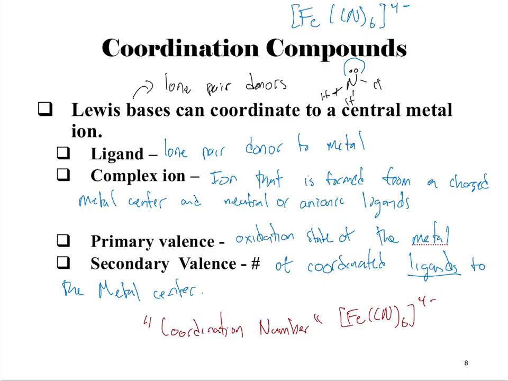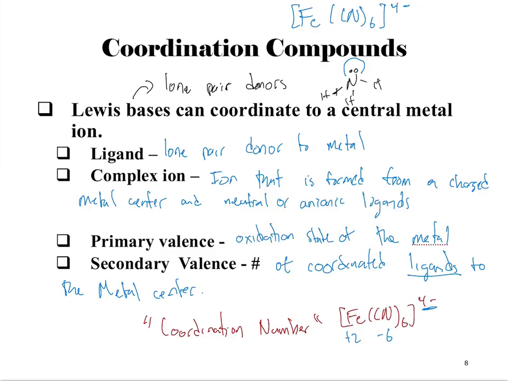But the total charge is -4, which means we need a +2 to cancel out. So this would be a +2, which means it's iron 2, and then this is going to be -6, and overall we get a charge of 4 minus. So the primary valence would be +2 for this complex ion because that's the oxidation state of the iron.